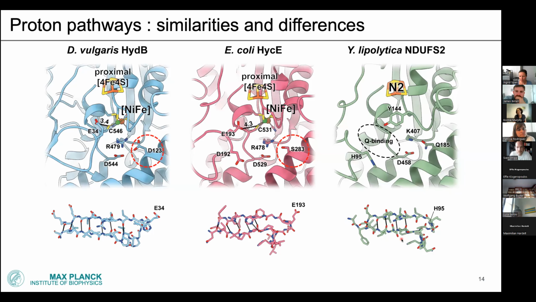There are different structures of complex 1 solved under different conditions that give different positions of this beta-1, beta-2 loop. And recent MD simulations, sorry, I have to look at my notes because I'm a little nervous. These are all things that I knew, but sorry. So MD simulations done by Vilakaila on the Pyrococcus structure found that when they protonated this acidic residue on the beta-1, beta-2 loop, the loop moved closer to the active site, and when they deprotonated, it moved further away.